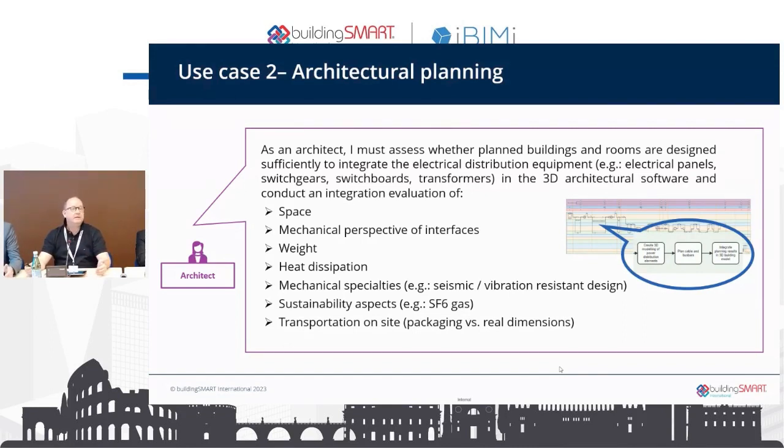But also heat dissipations. That means, do I need to regard some specific ventilation, or do I need to regard some specific rooms in front of the power distribution board, for the maintenance processes, or also for the evacuation processes? As you see, step by step, the details are getting bigger and bigger, and more important for all these aspects, how the equipment is running through the operational phase or not.